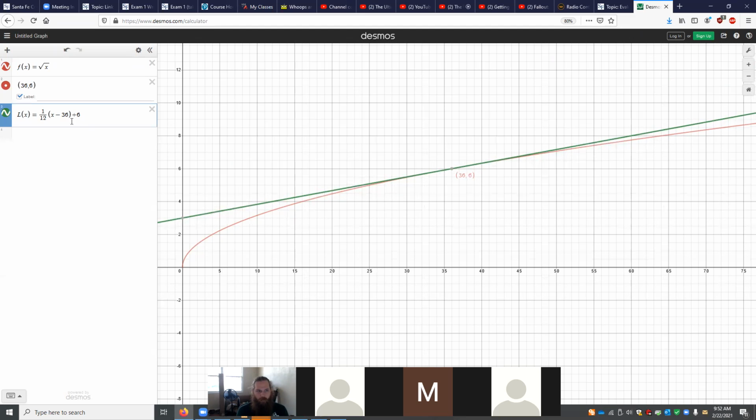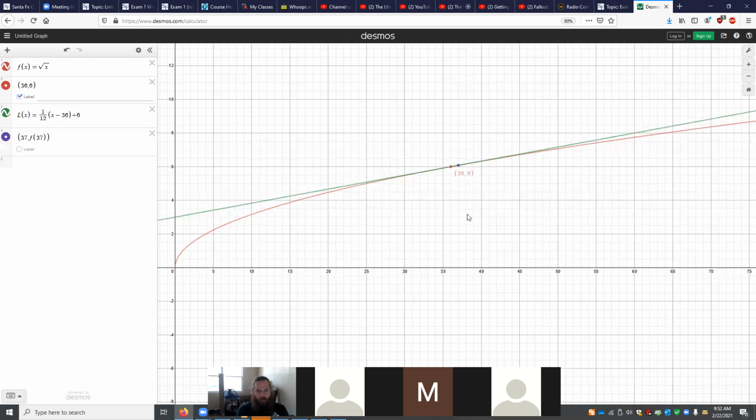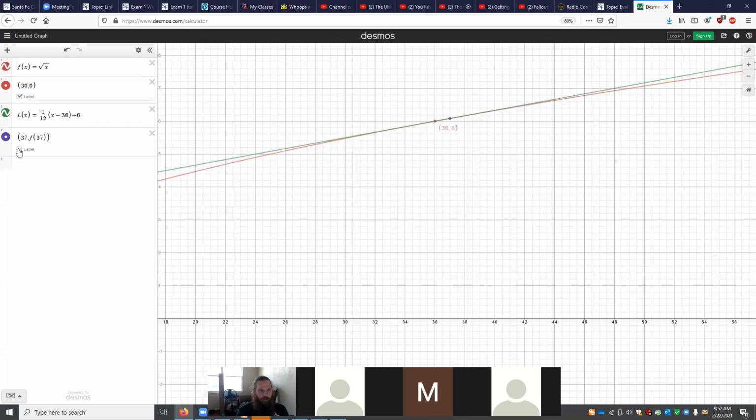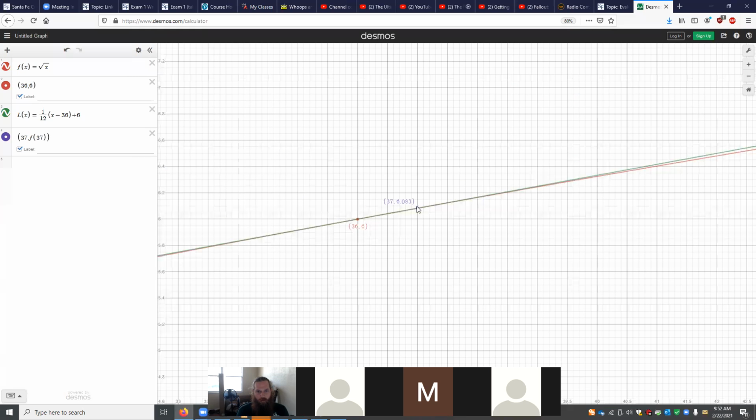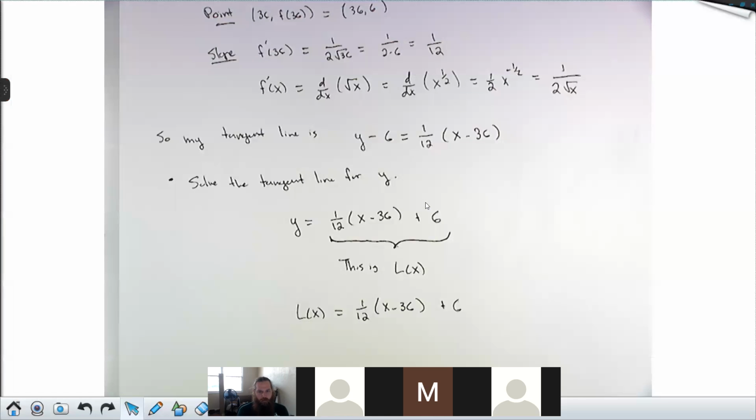So in particular, what is this point right here, the purple point? I don't actually have a clue what that y value is. Desmos is telling me right now that it's about 6.083, but I don't know that.